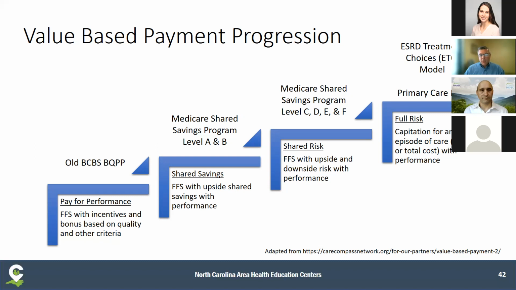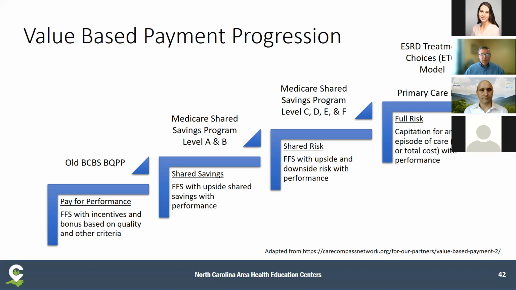And then the final step is full risk type arrangements. There are some models out there that Medicare Innovations has put into place, such as the ESRD treatment choices model, and primary care first, which honestly is going through some discussion now whether that's going to remain, but it's a current model which basically allows practices to take a bundled payment or a payment for a population and decide the best way to use that to drive the outcomes.